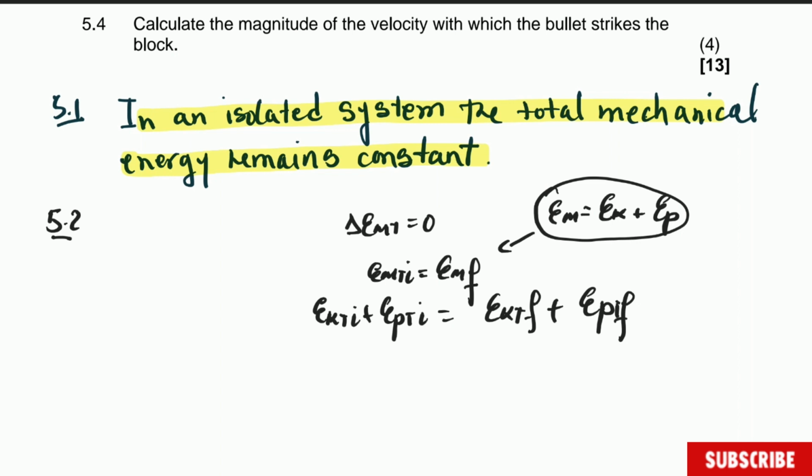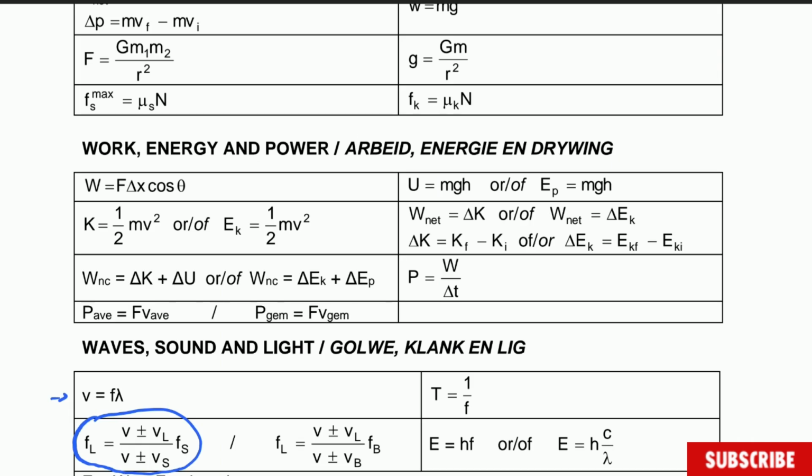And also remember the formulas for kinetic energy and potential energy. Those two formulas are given to you in the formula sheet. Here is the formula for kinetic energy, and up here is the formula for potential energy. The symbol U is another symbol used, but it's the same formula. The symbol K is another symbol for kinetic energy.